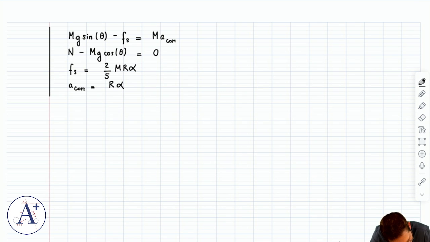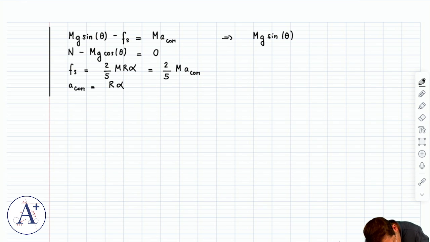And by the way, because R alpha is A center of mass, I'm going to say that Fs is 2/5 of m A center of mass. At which point, I can plug Fs into the first equation. That's going to give me mg sine theta minus Fs, which is minus 2/5 of m A center of mass, is equal to m A center of mass.